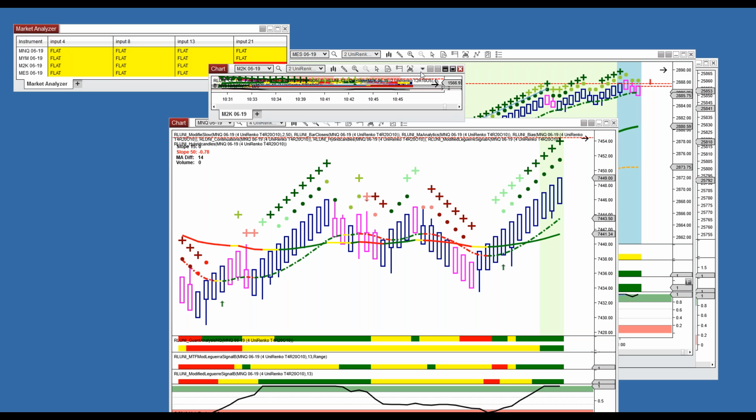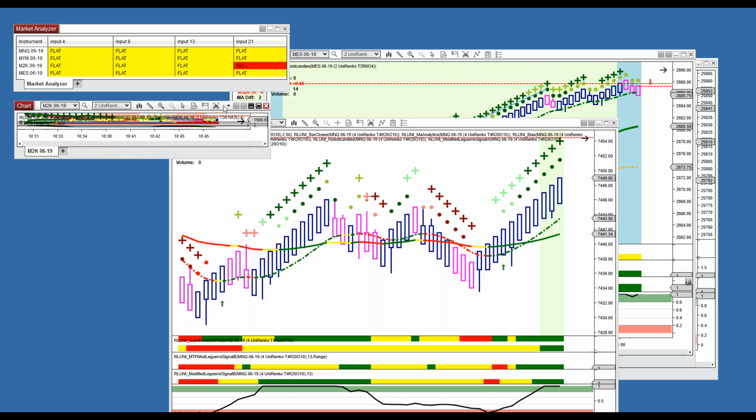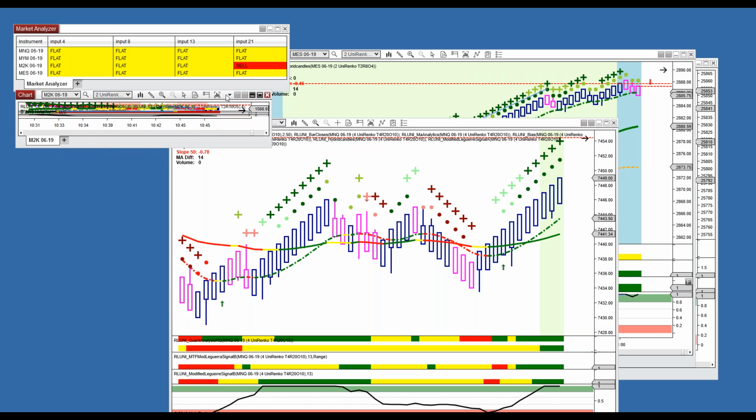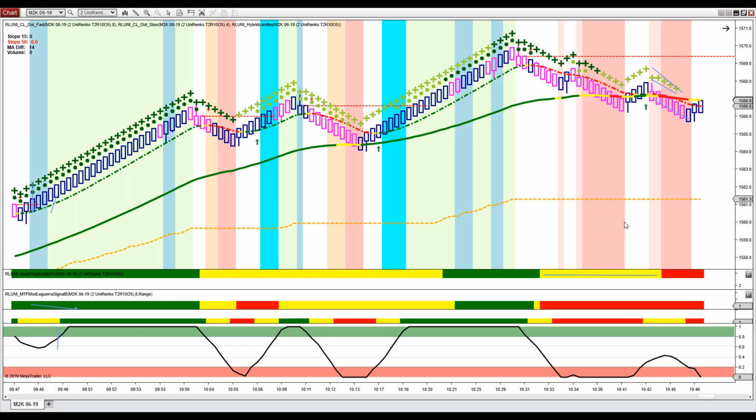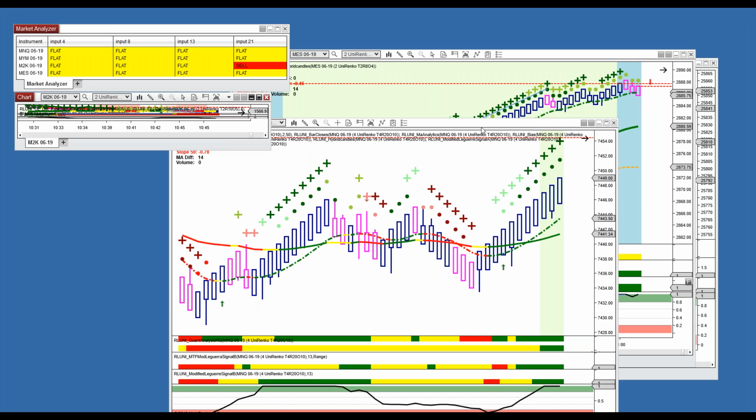And just put it here. And then if you see that market go green, just pop it, and it opens up. And when it's got nothing, you just close it.